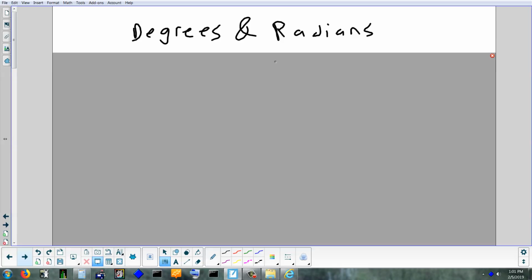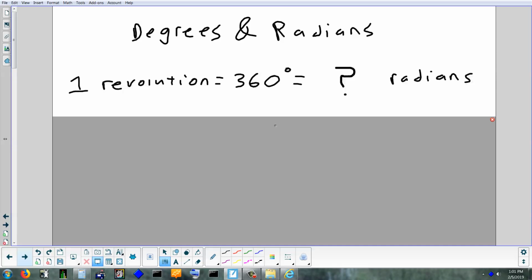Radical. That's a good one actually, but not radical. Radius. Yeah. Radian and radius have the same four letters. And a radian has a lot to do with a radius. And where do you find a radius? It comes up in a circle, so we're going to look at some stuff with circles.